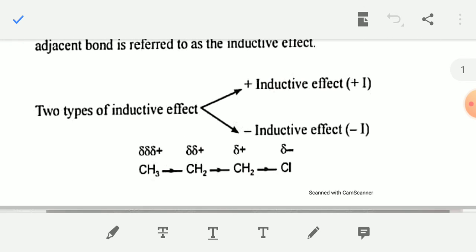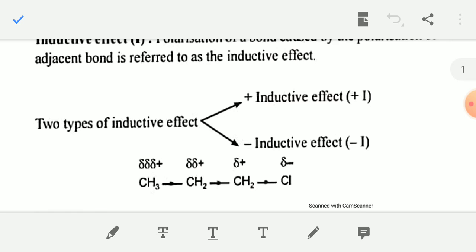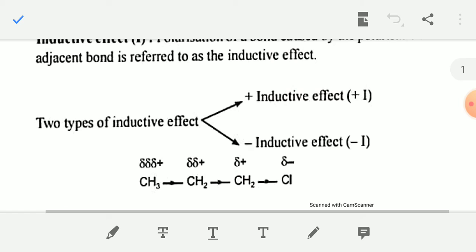Two types of inductive effect are plus I effect, that is plus inductive effect, and minus inductive effect or minus I effect. An inductive effect is generally represented like this: CH3, CH2, CH2, Cl. In this compound, Cl pulls the electrons from carbon.